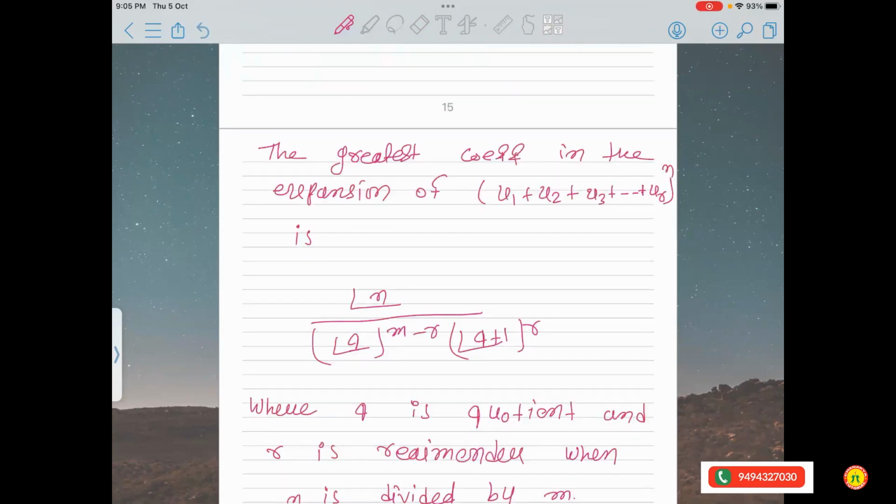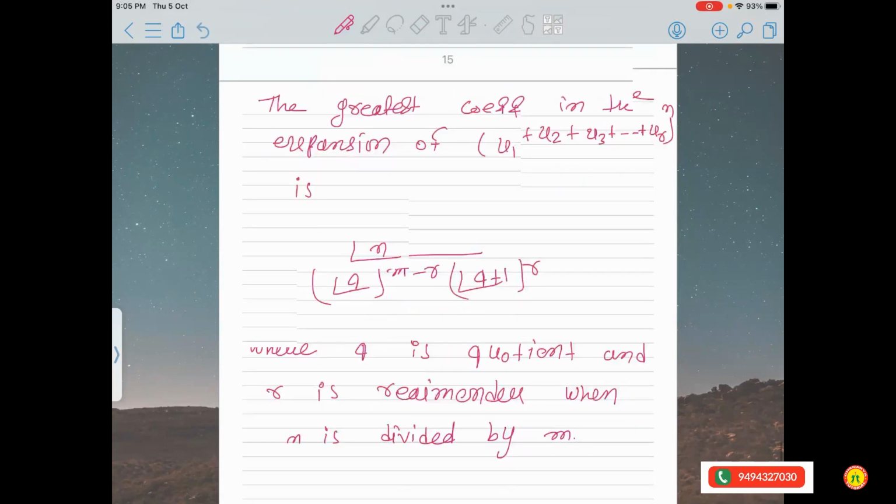If we have x plus y plus z, it means m equals 3.